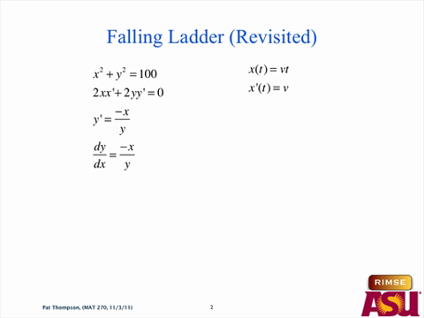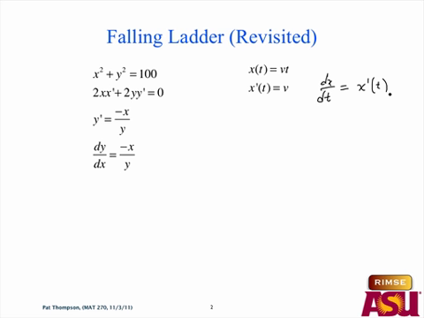So therefore, the rate of change of the bottom of the ladder with respect to time, in other words, this is like saying dx/dt. Right, so dx/dt we can write as x prime of t, those are the same thing.